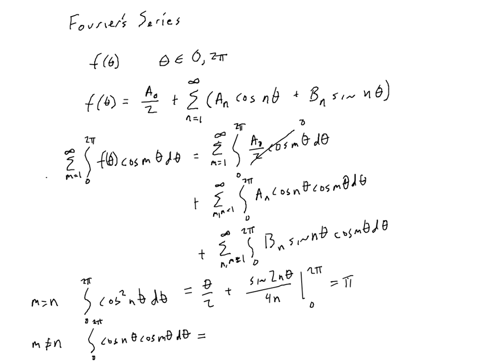Cosine squared of theta cosine. Yeah. Well, if you have cosine alpha, cosine beta, I think it's minus sine alpha, sine beta. That's equal to cosine alpha plus beta.